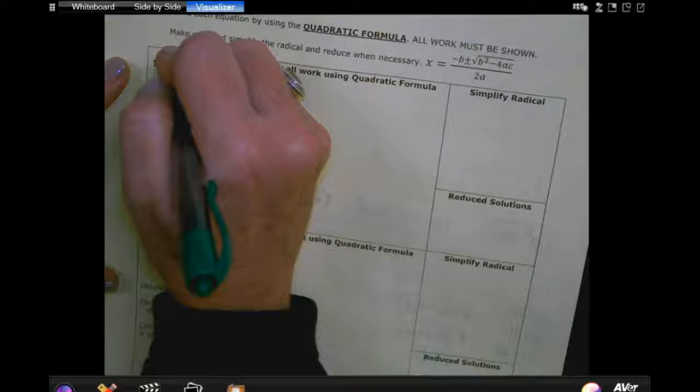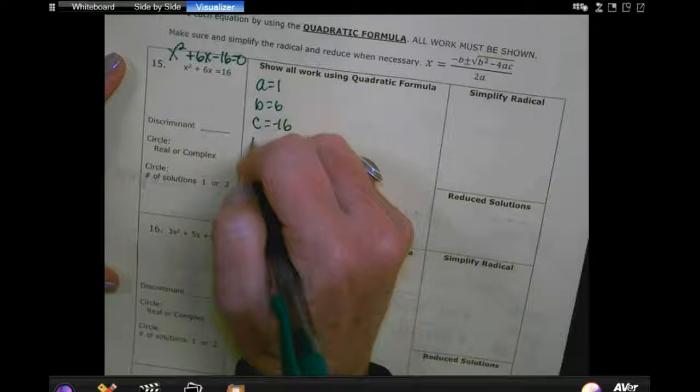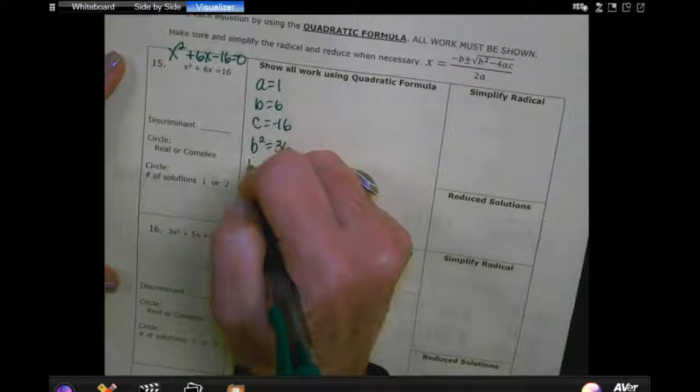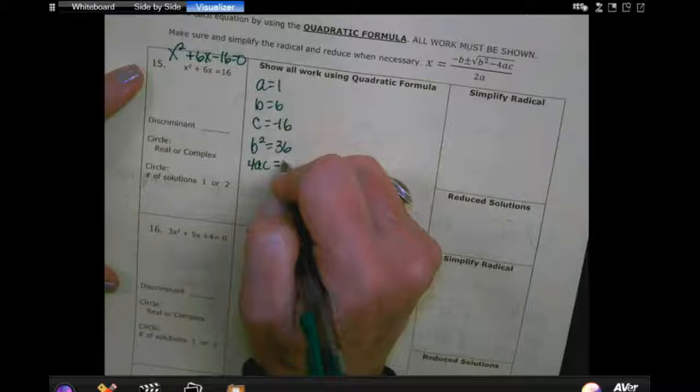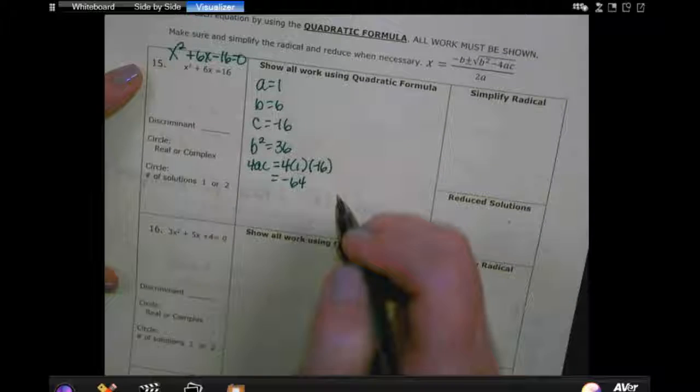All right, go to the back. So what do I have to do first on number 15? Subtract the 16, right? So you get x squared plus 6x minus 16. So my a is 1, my b is 6, and my c is negative 16. So b squared is 36. 4ac is going to be 4 times 1 times the negative 16, which is negative 64.